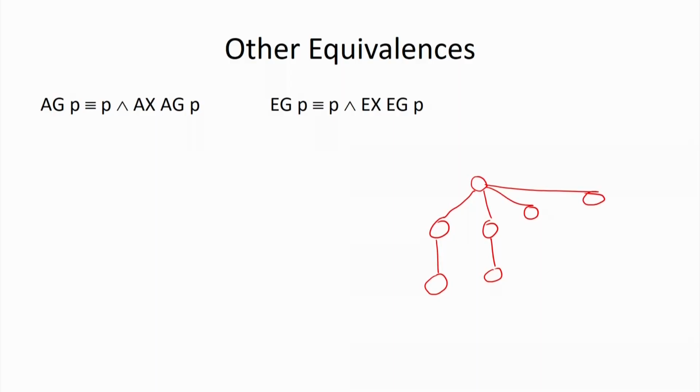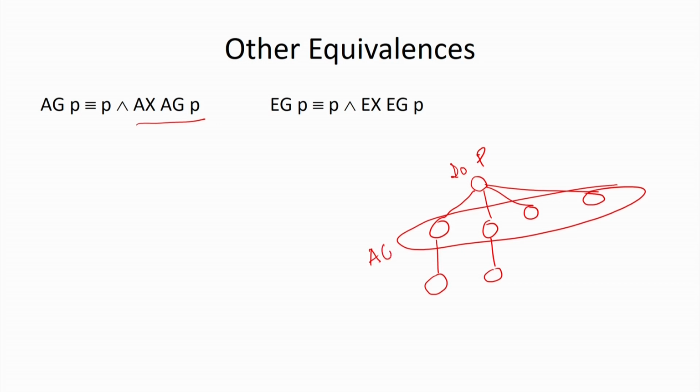If I consider this particular state as 0, and P is true at that particular state, then we can consider it, but this is not the only condition. We have a second condition also. In all the next states, whatever the next state is, they should also satisfy this AGP property.